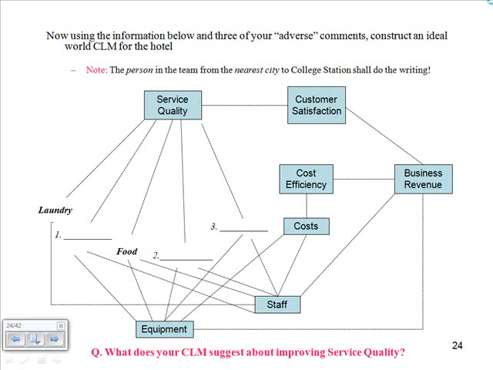We're not going in both directions? No, in causal loop models, you go one direction. But for example, you can argue that cost efficiency can reinforce business revenue. But you can also argue that business revenue can reinforce cost efficiency. Then you put a diagram for each direction.